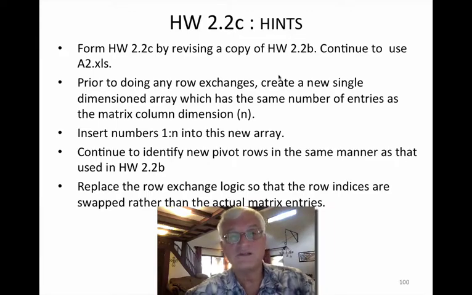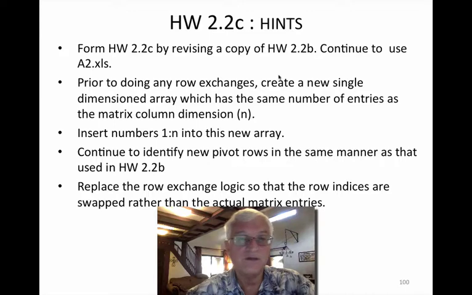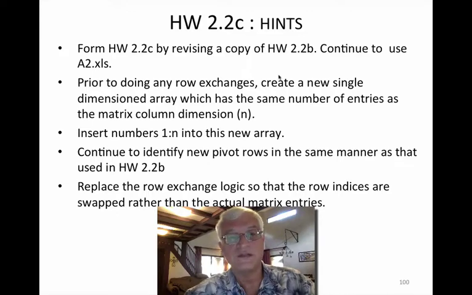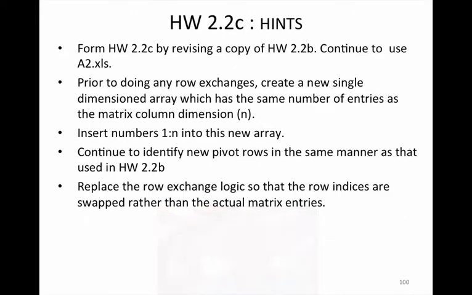So that logic is exactly the same as what you did with row exchanges. The big difference is, instead of changing every single value across the whole array and also changing the b value, you're just doing this exchange once through this linked list. So you didn't move anything on this A matrix or on the B vector. You simply changed the address of where you can find it. So you're going to have to be a little careful now of how you do the rest of the logic in the code.